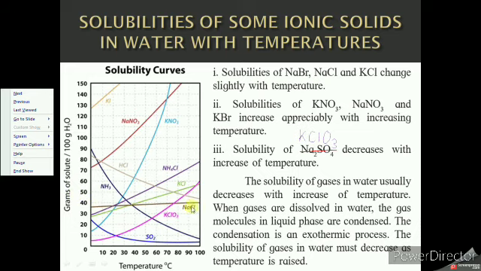Here we observe NaCl, then this is KCl, and NaBr is not mentioned here, but their solubility increases slightly with increase in temperature. While the solubility of KNO3, NaNO3 and KBr, which is not mentioned in your graph, increases appreciably with increase in temperature.